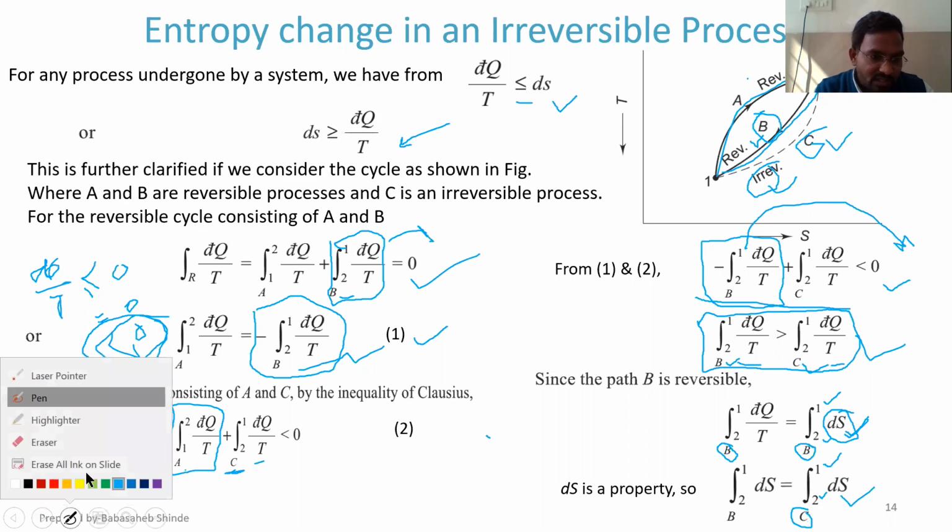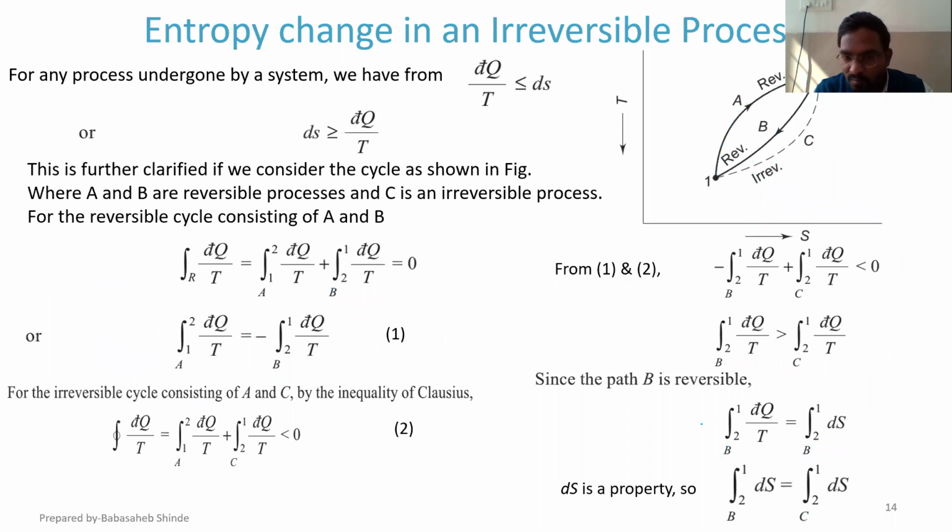So what I just did here, this dq by T is for the reversible path. So I replaced this dq by T by dS, that is change in entropy. And I have already proven that entropy is a property of the system, so change in entropy will be independent of the path.